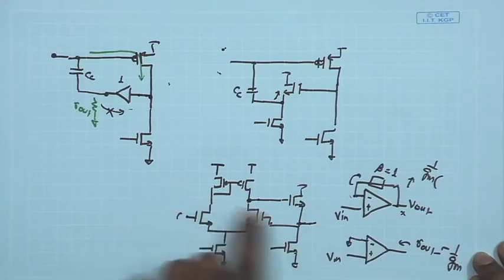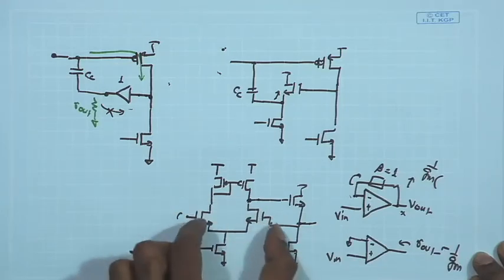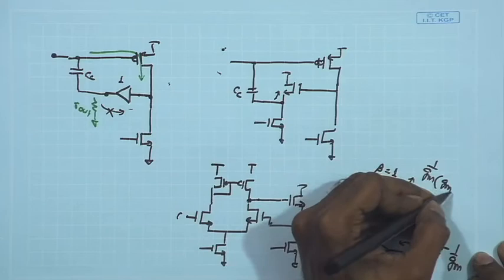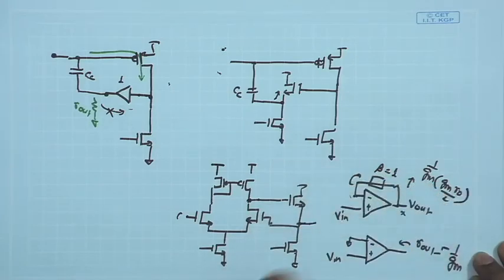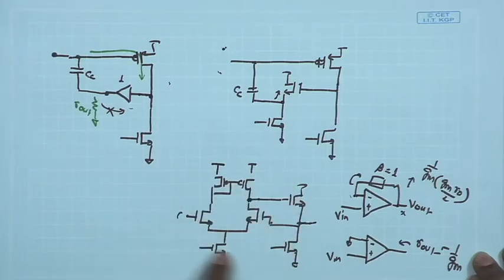Beta is 1, and the A is basically the A of this overall stage, which is of the order of GM RO by 2. So, we can get a very small impedance if you are using a voltage follower buffer constituted of this differential amplifier and the common drain stage.